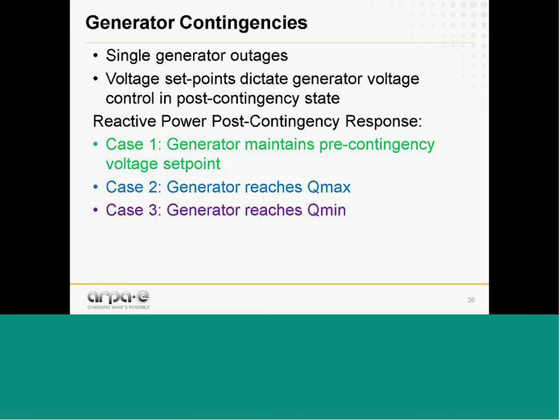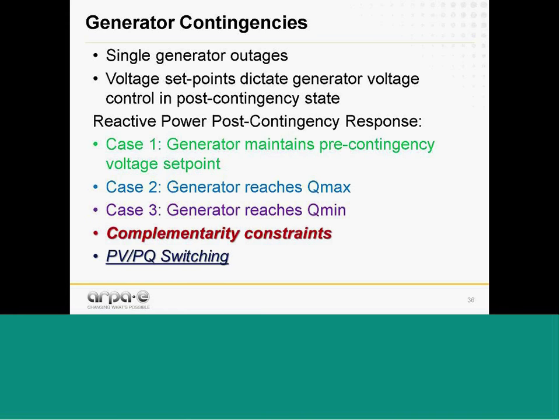But if I can't maintain that 1.06 level of voltage at my bus because I reach my Qmax, then I stay at Qmax. This is known in the power systems community as PVPQ switching. It creates a complementarity issue again in a mixed integer programming formulation if you choose to model it as a MIP.